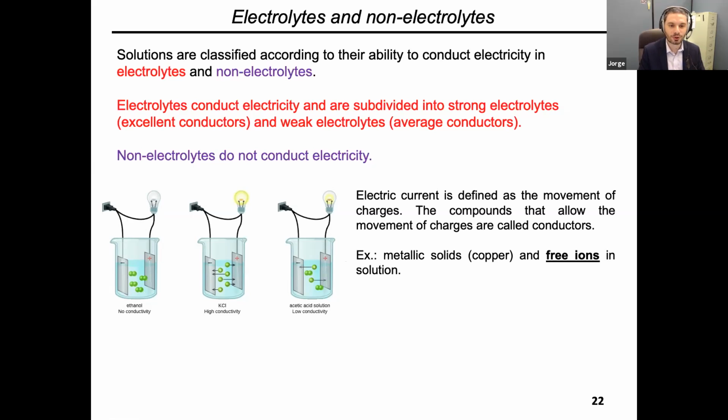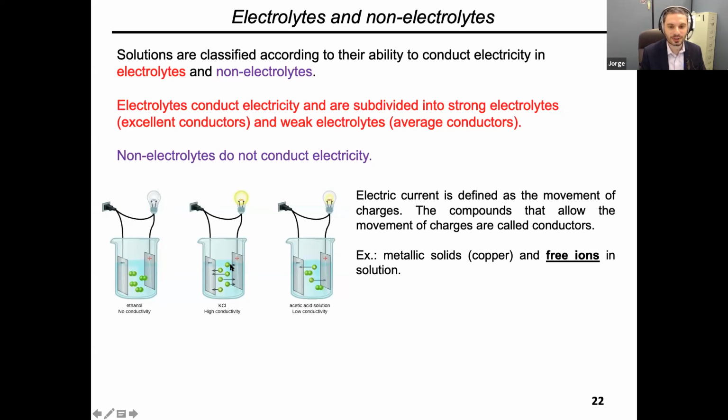For the lamp to emit light, we need the charge to flow from negative to the positive pole and create here an electric current. If the solution is a non-electrolyte, there will be no light in the lamp.